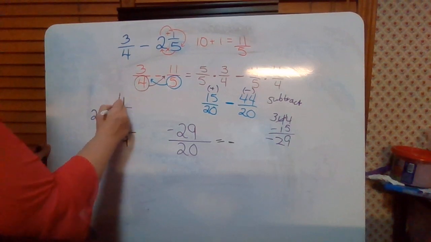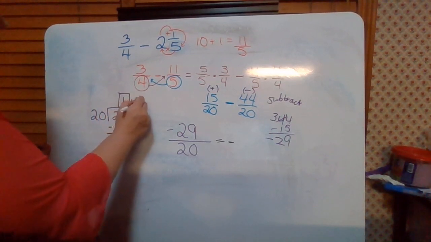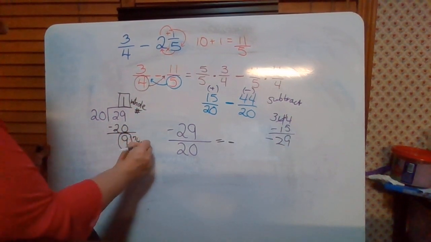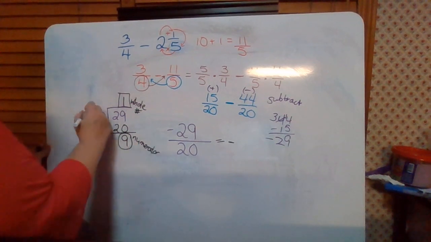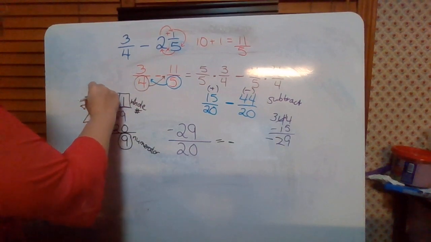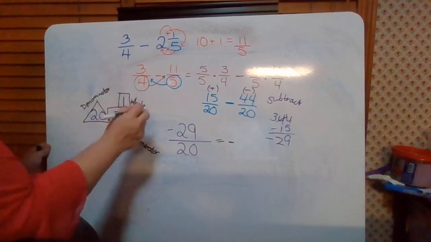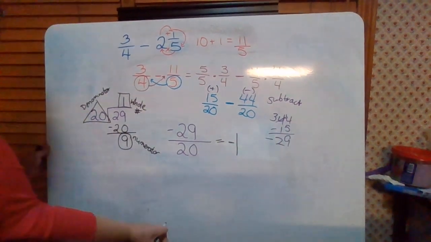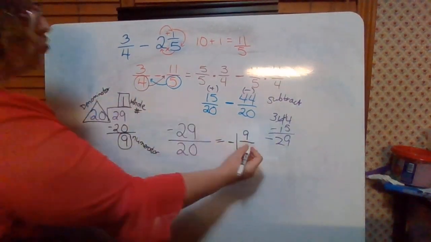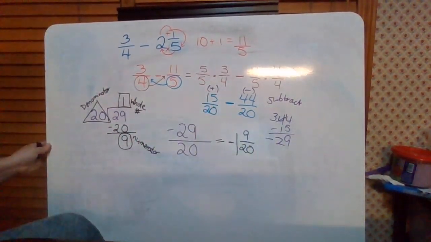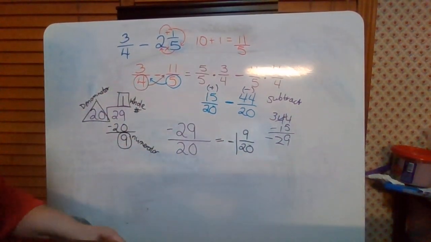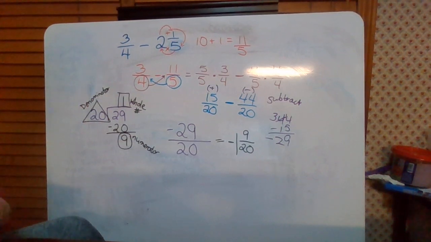Remember, this is your whole number, this is your numerator, and this is your denominator. So my whole number is 1, my numerator is 9, and my denominator is 20. My final answer is negative 1 and 9 over 20. Okay? So there it is.